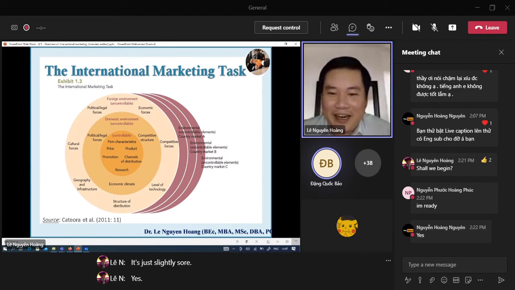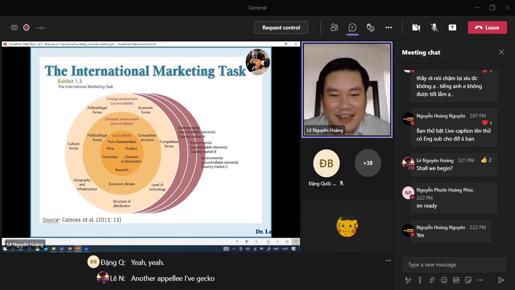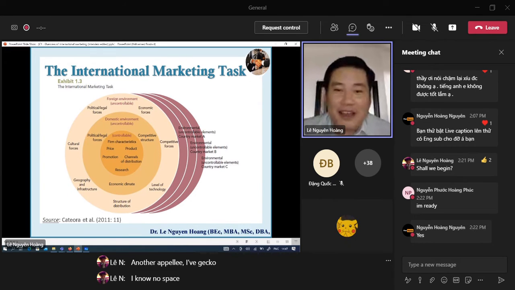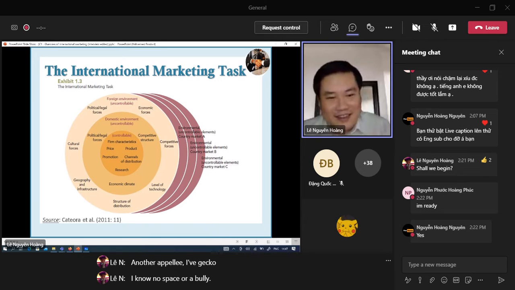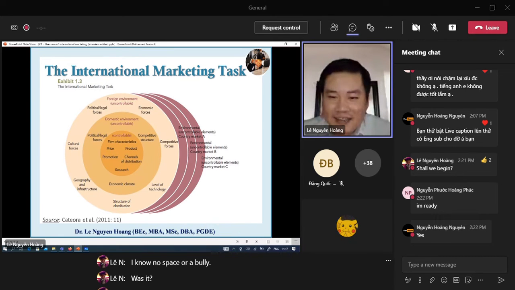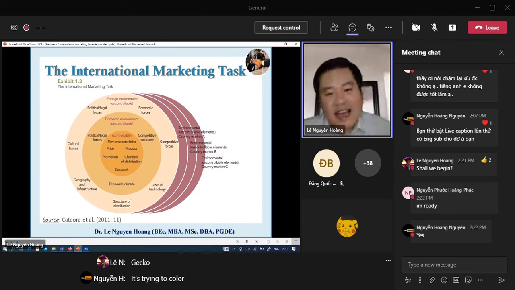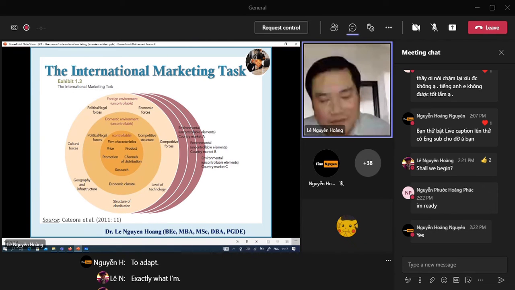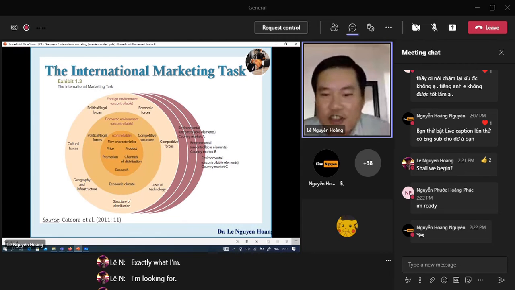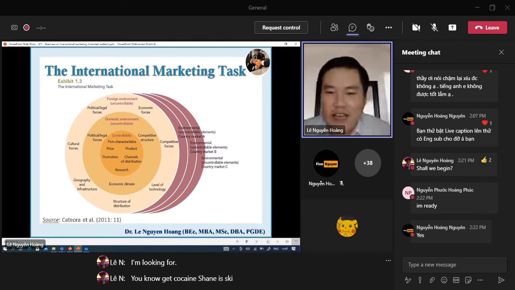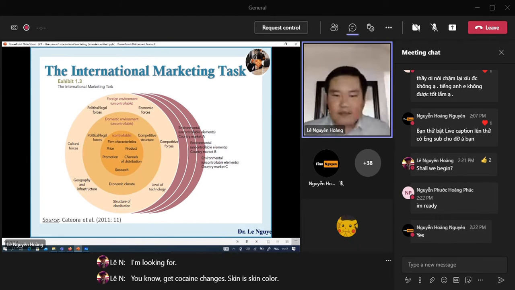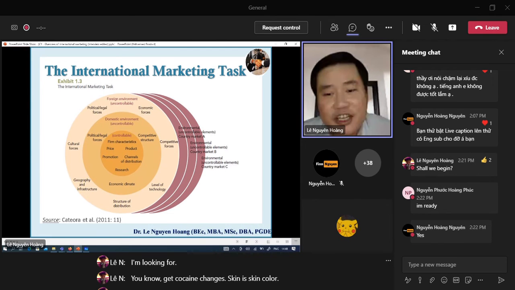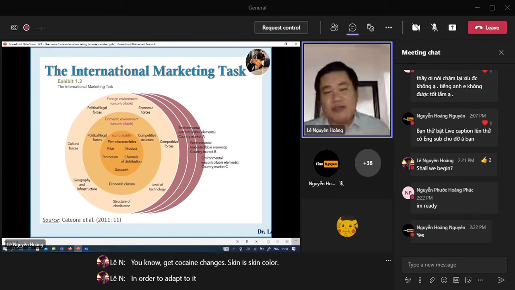Another ability of gecko, another special ability. What is it? It changes color. Yes, exactly what I'm looking for. Gecko can change its skin color in order to adapt to its environment.